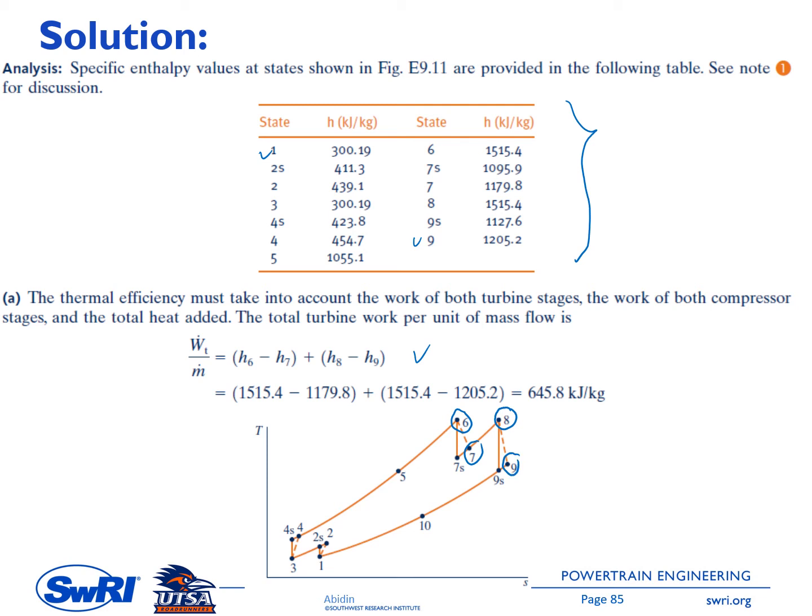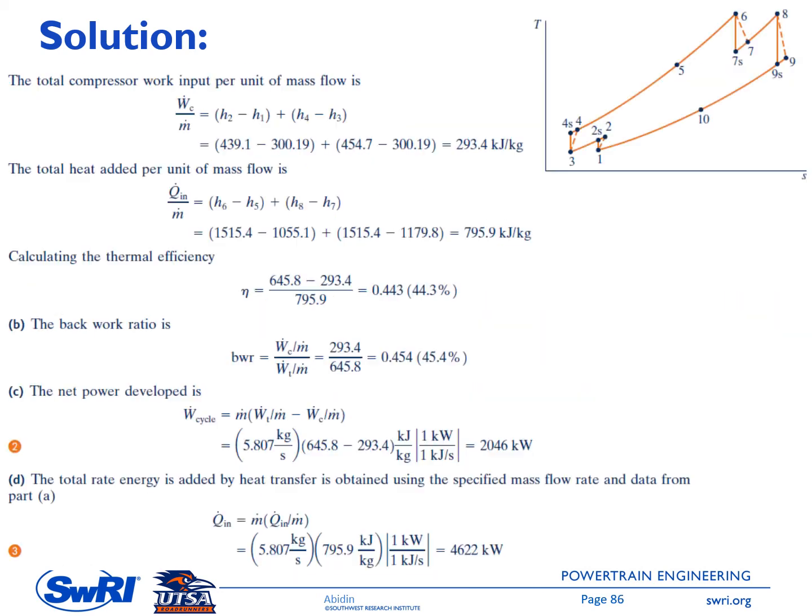You have all the H numbers here, and you just plug in. It is 645.8 kilojoule per kilogram. This is the turbine power.